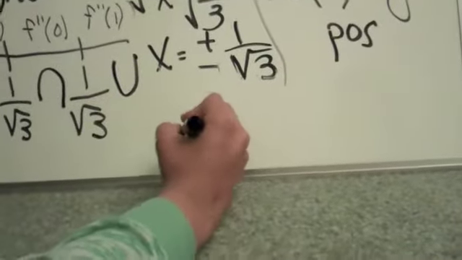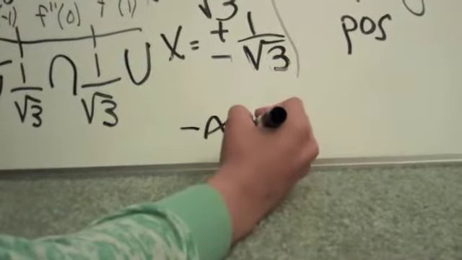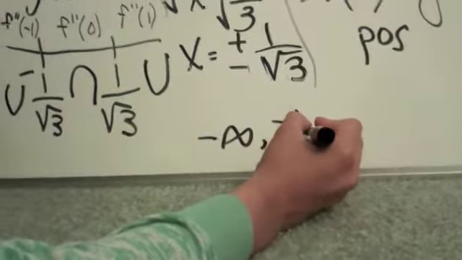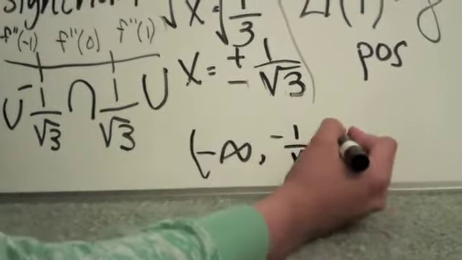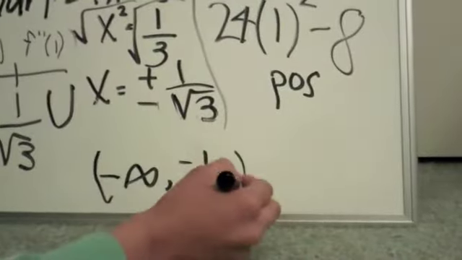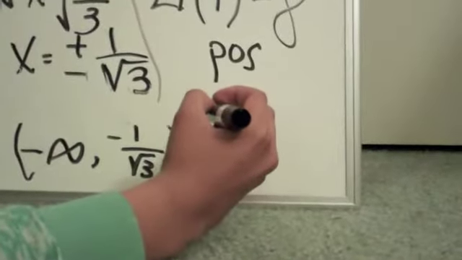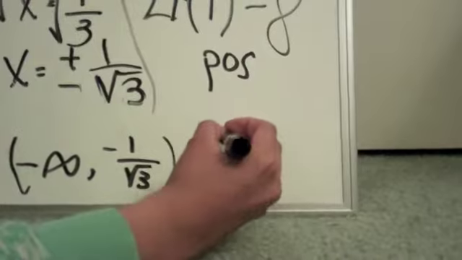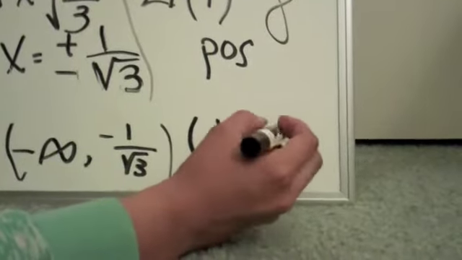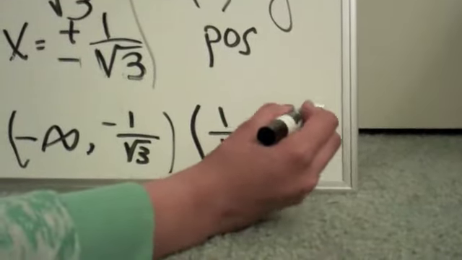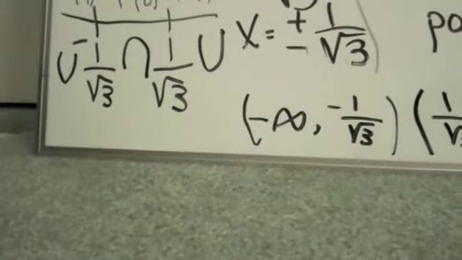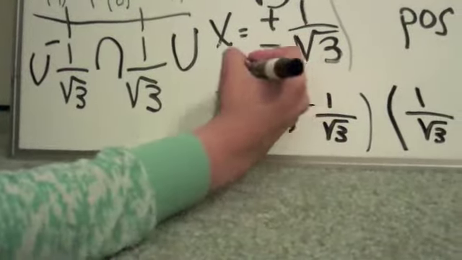And so the concave up will be from -infinity to -1 over rad 3. And we'll use the other one, and it's 1 over rad 3 to infinity. And where do we write the down one?